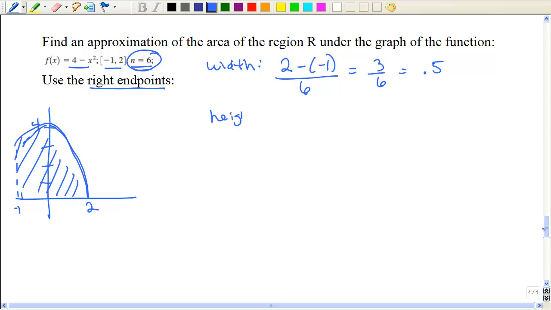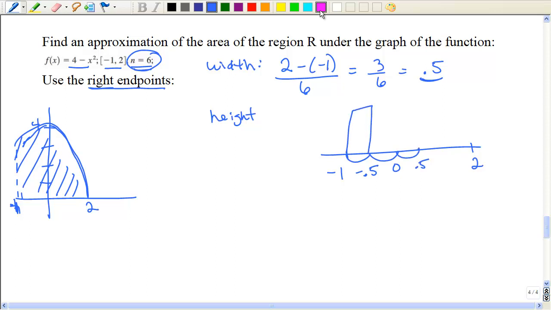Now I need to know the height, but I want to use the right endpoint. So if I started at -1, that's not on the right, that would be the left. How big would be the next rectangle? So instead of drawing the graph, let's just look at the number line. So -1 to 2, if I go over 0.5, that's going to be -0.5. Go over 0.5 again, I'm going to get 0, 0.5, and so forth.